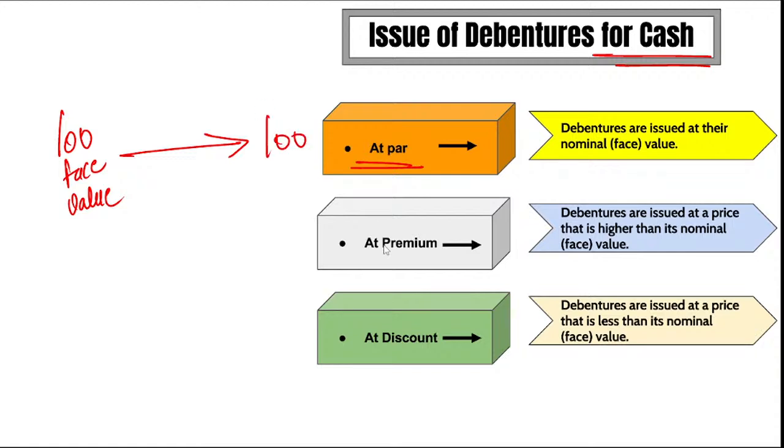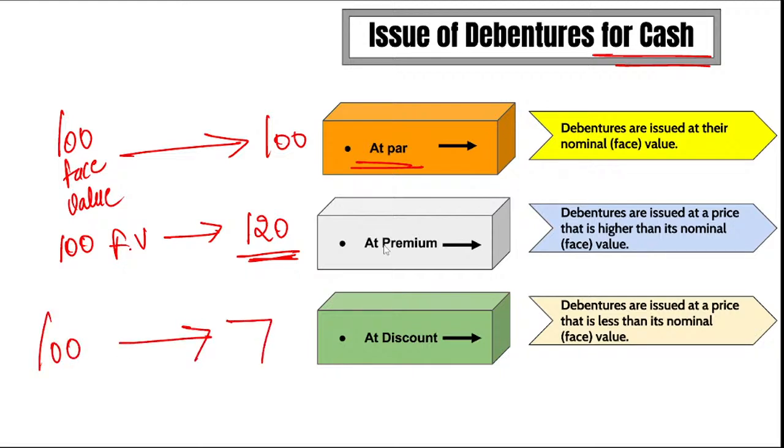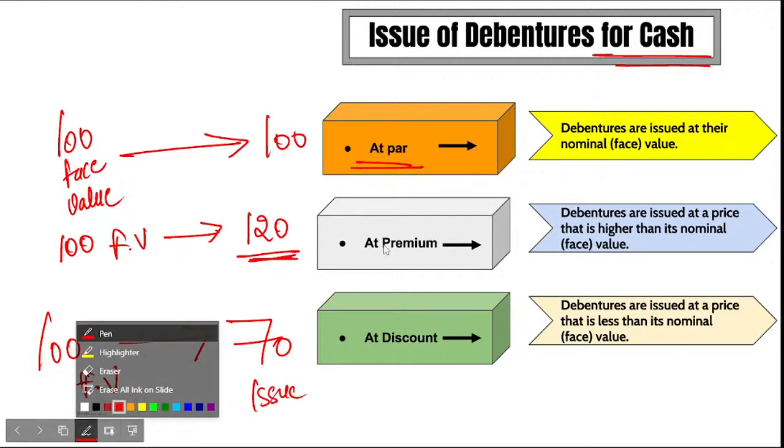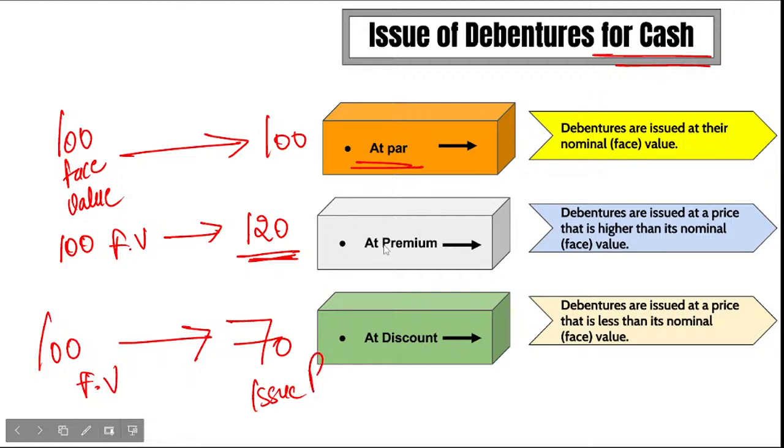Debentures can be issued at premium: 100 rupees face value, issued for 120. Issue price is more, so debentures are issued at premium. And debentures can also be issued at discount: the face value is 100 and the issue price is 70. So debentures can be issued at par, at premium or at discount.